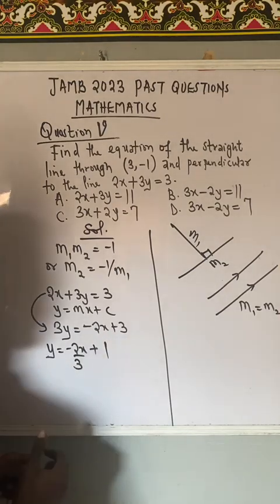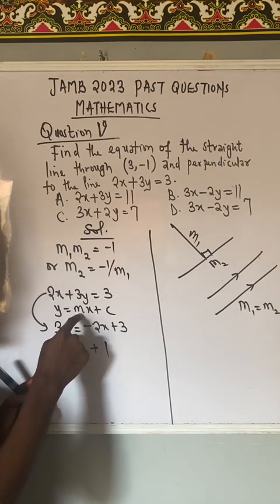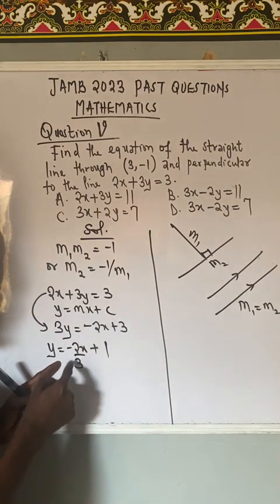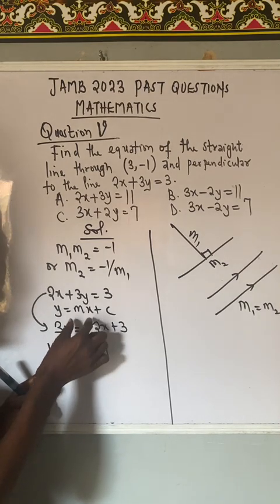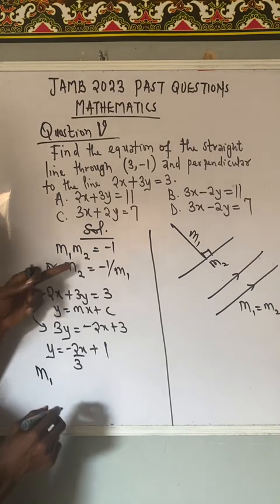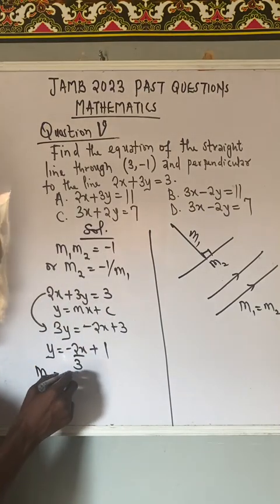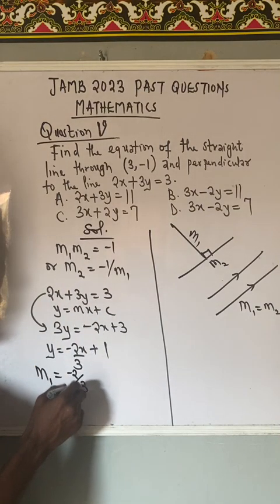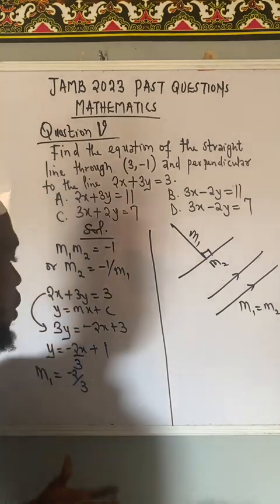So from here, if we compare this and this, we see that m, which represents the slope of this line, is the same thing as minus 2 over 3, because the coefficient of x is always the slope. So that means m1, which is the slope of the first line given, will be m1 equal to minus 2 over 3. Now, how do we get the slope of the required line?